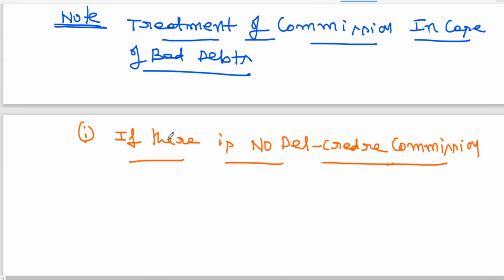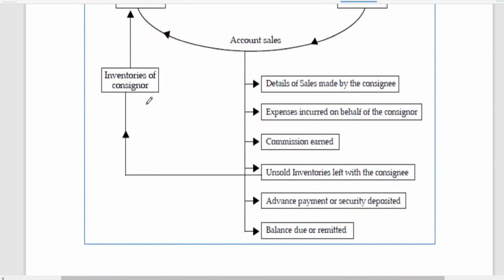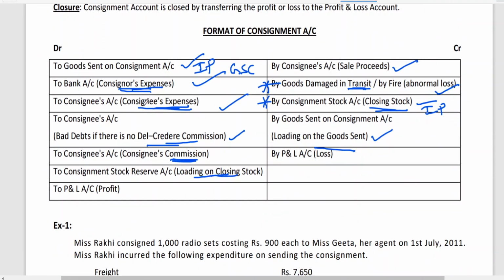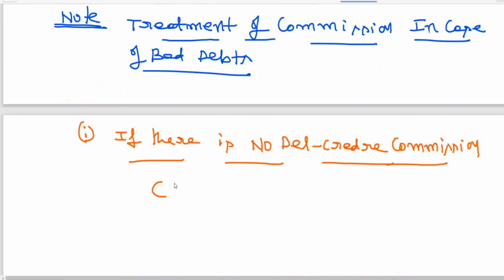The consignor. The entry will be, as we have also learned here, bad debts, consignment to consignee. For bad debts, if there is no del credere commission, who has to bear that, my dear friends?